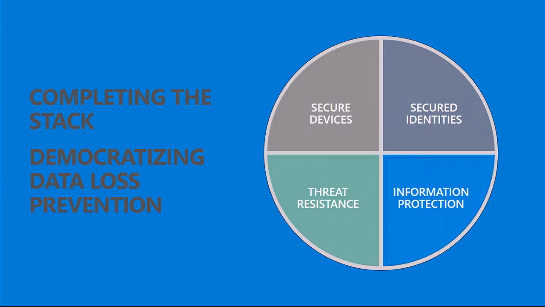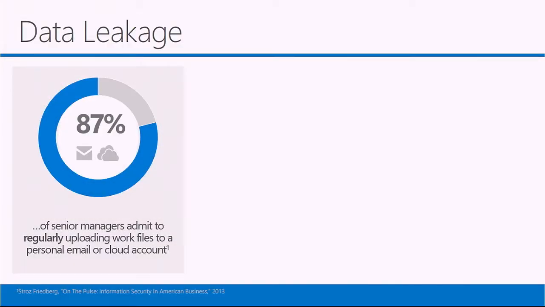So next area I'm going to talk about is how we are dealing with data loss prevention inside Windows 10, and this is a big problem that customers have out there today. It's just too easy to accidentally leak stuff.